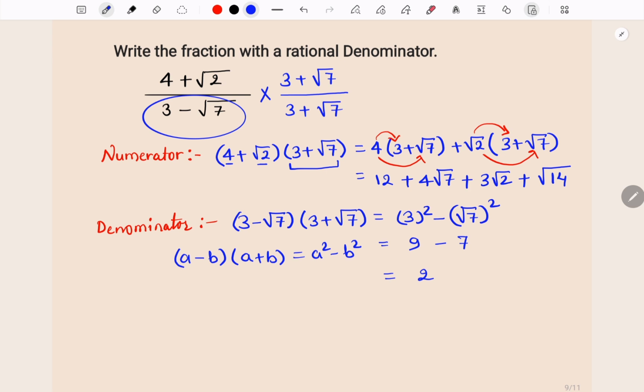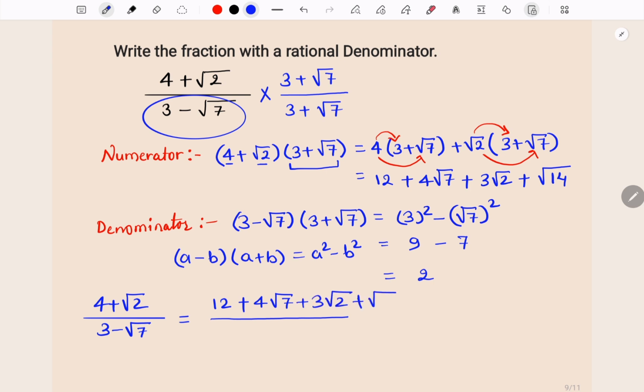So we have the numerator and the denominator. So let's see what would be the final fraction. So we have 4 plus root 2 over 3 minus root 7, and we have rationalized the denominator, and the new numerator is 12 plus 4 root 7 plus 3 root 2 and plus root 14.